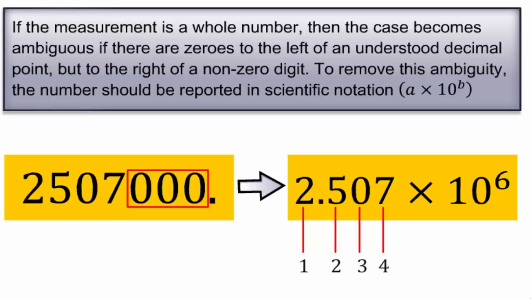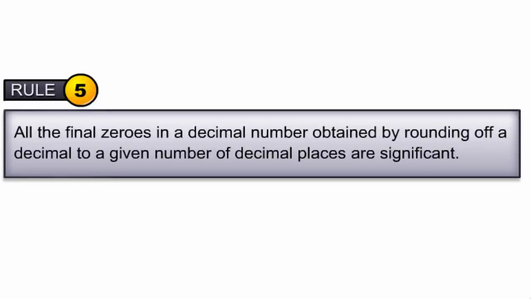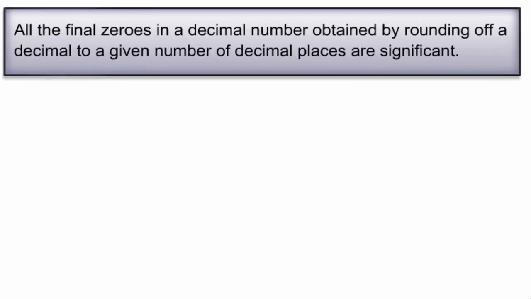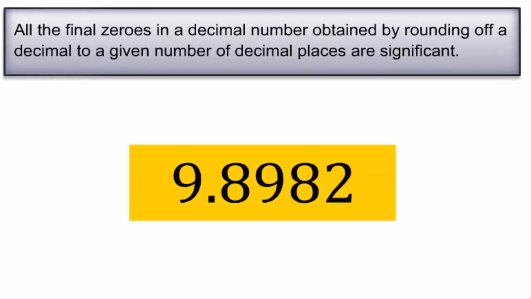The fifth rule says that in any measurement, all the final zeros in a decimal number obtained by rounding off a decimal to a given number of decimal places are significant. For example, let's take the number 9.8982. There are 5 significant figures in this number.